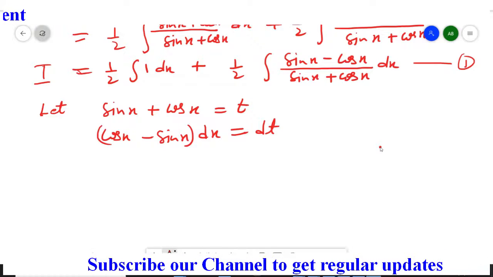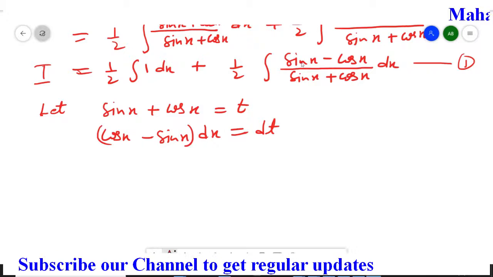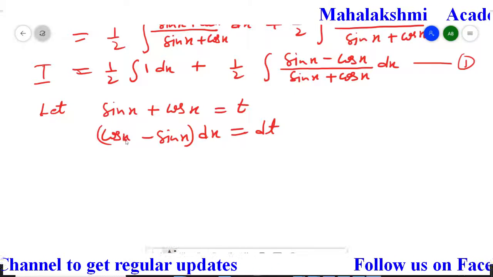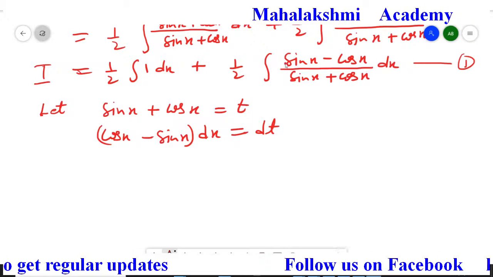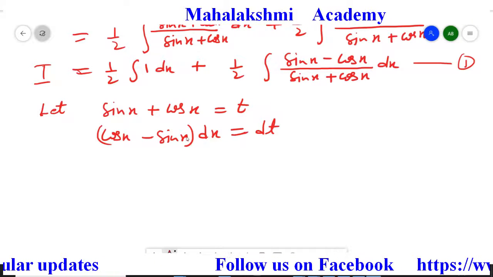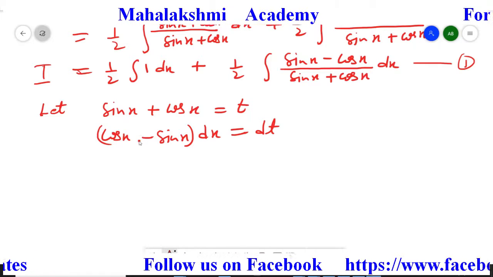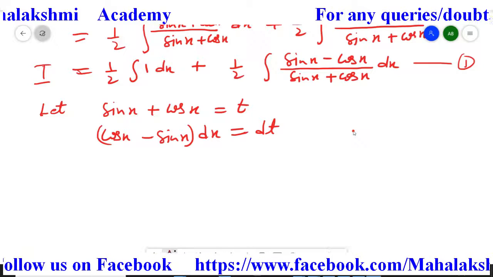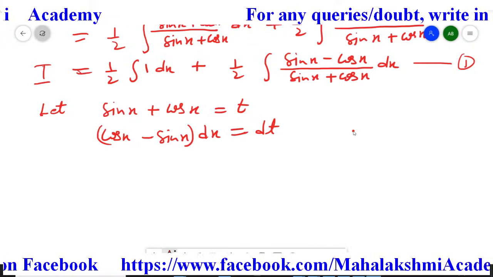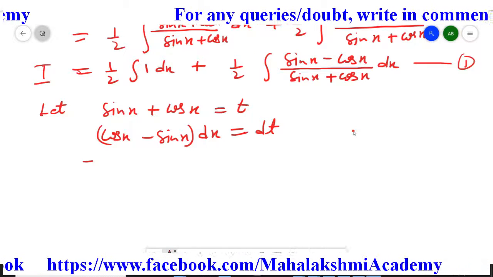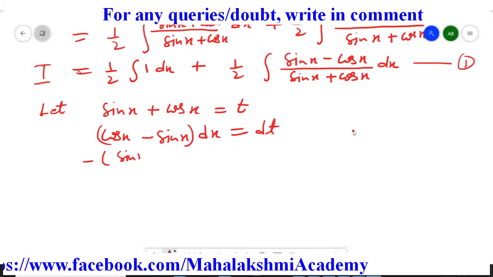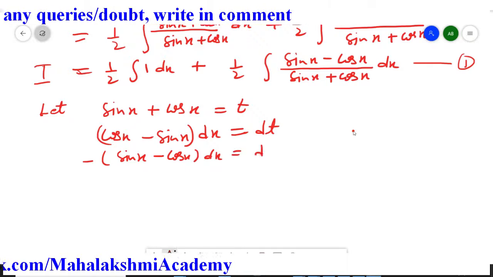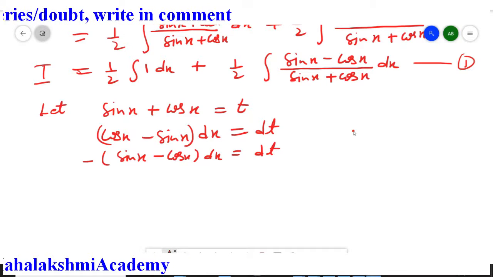Now just see what we have in the numerator, students. We have to check whether we achieve the numerator or not. Here we have cos x minus sin x, but in the integral we have sin x minus cos x. So we need the same thing, that's why just take minus common, and after taking minus common, shift that minus to this side. So it's going to be minus, I am going to take common, so the sign will change in the bracket, sin x minus cos x dx is equal to dt, and this minus sign will shift to the right side.